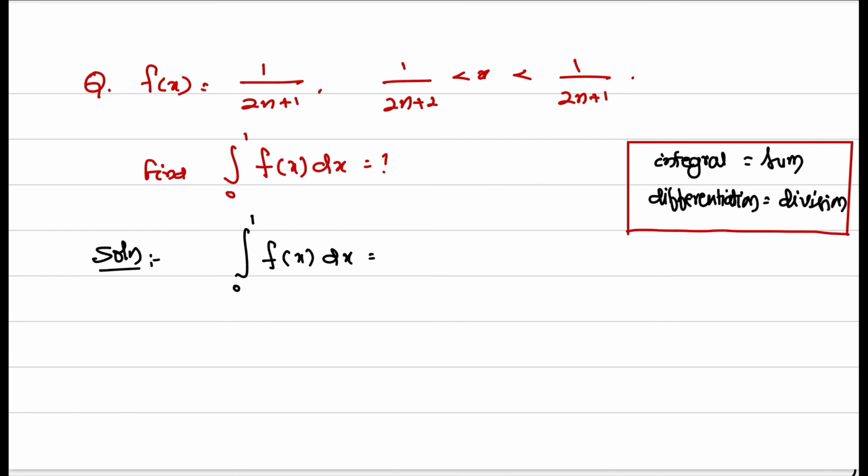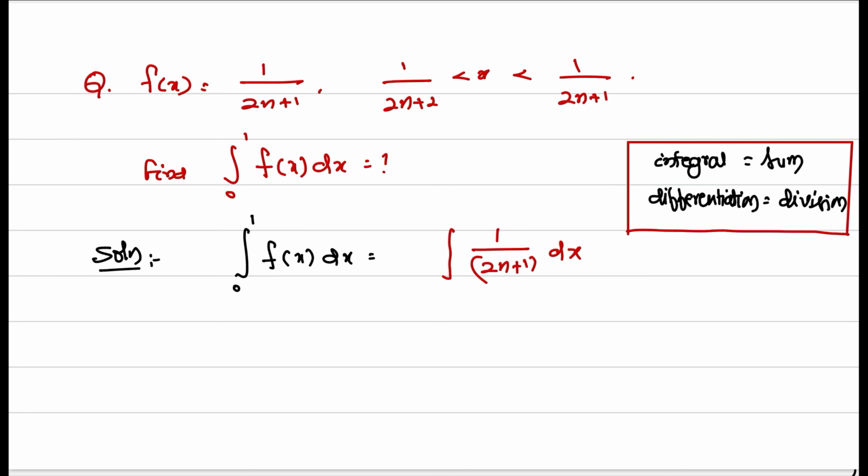And how is the function defined? Let us try to write it like this. The function is defined as 1 by 2n plus 1. What we wanted is dx. I have just replaced the value of f(x) as 1 by 2n plus 1 dx.